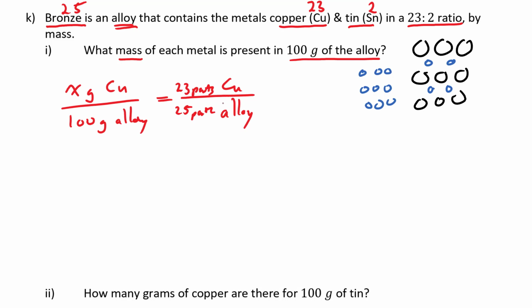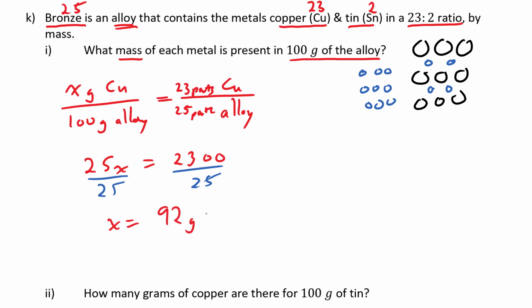We cross multiply, 25x equals 2,300. We then divide both sides by 25. And we have x is equal to 92 grams of copper. So that's how much copper is in 100 grams of alloy.